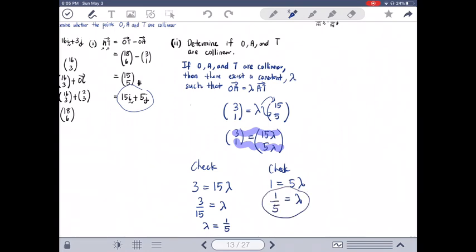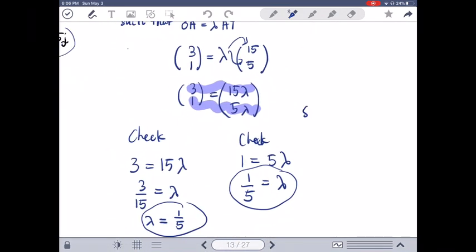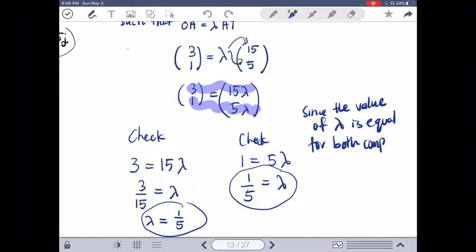So we get the same value of lambda for both components i and j.